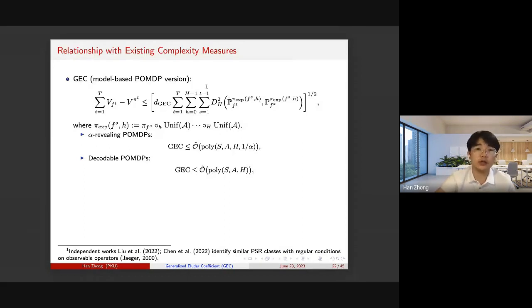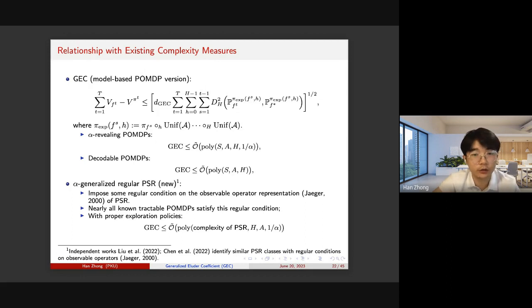So with this definition of GEC, we can show that for all alpha-revealing POMDPs, its GEC is bounded by O tilde polynomial of S, A, H and 1 over alpha. For the decodable POMDPs, we can show the GEC is only polynomial in S, A and H.